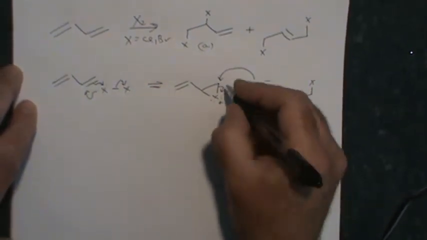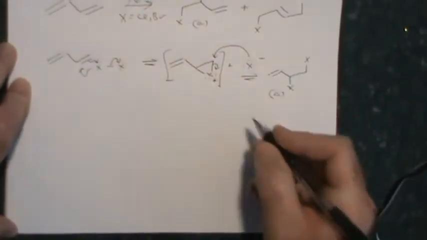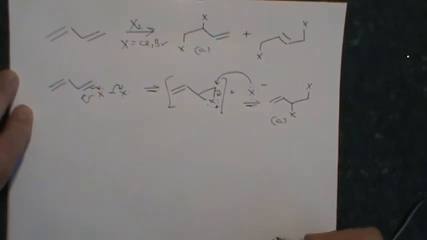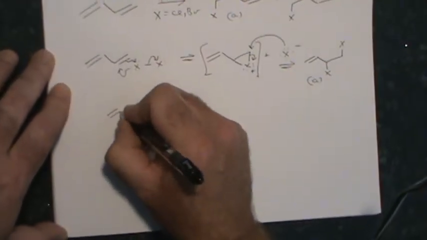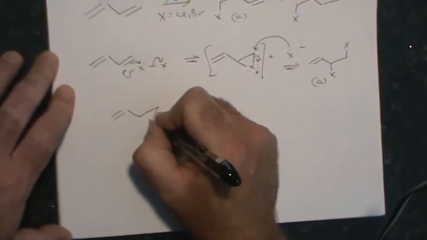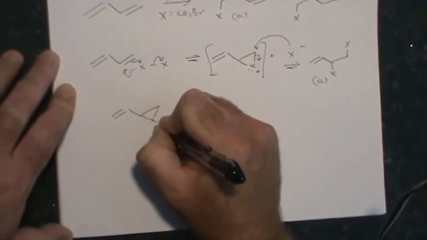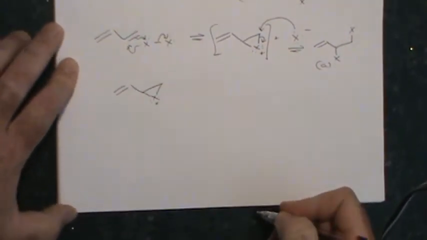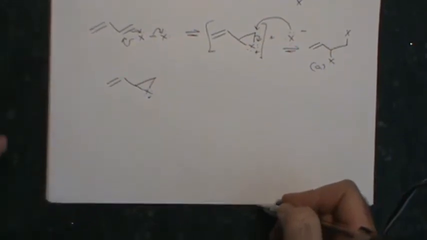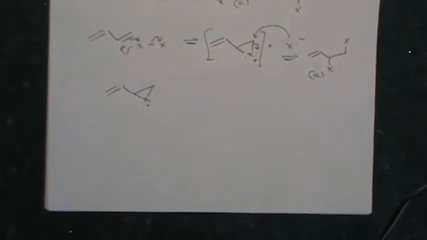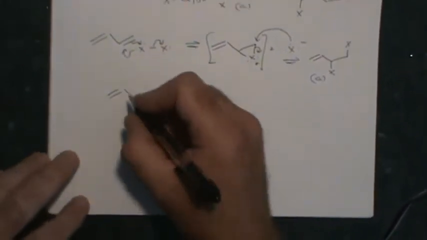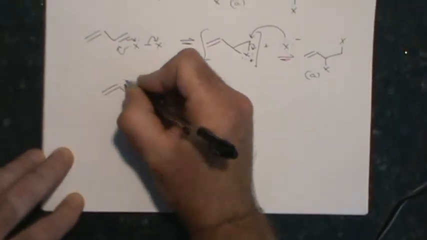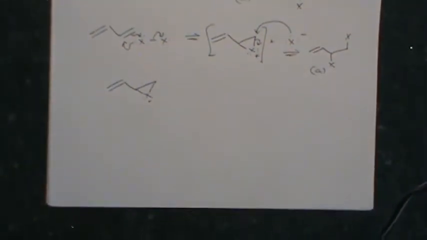But let's take a careful look at this intermediate halonium ion right here. I'm going to redraw it down here. This halonium ion, as it turns out, is formed when we're running a reaction with an isolated alkene because it's a bit more stable than a secondary carbocation.